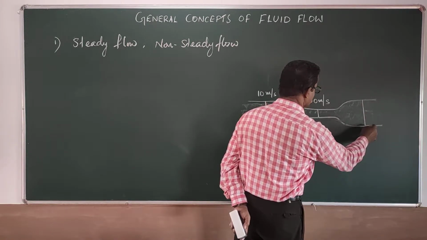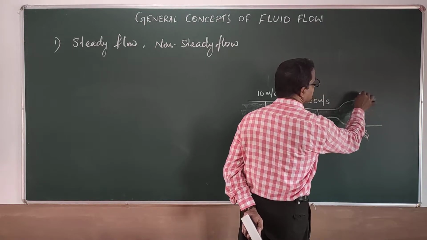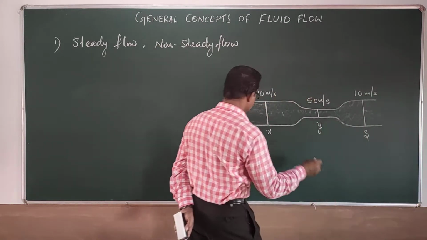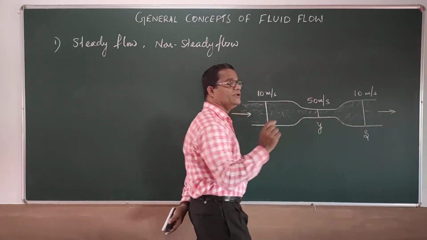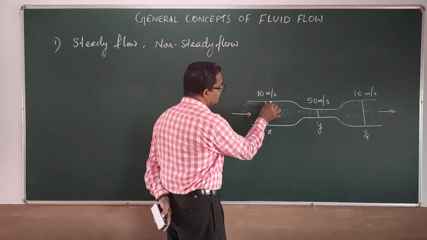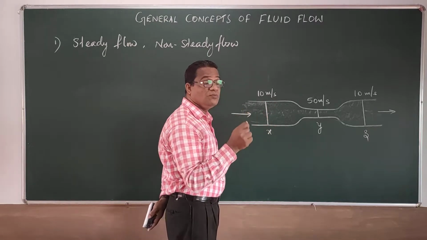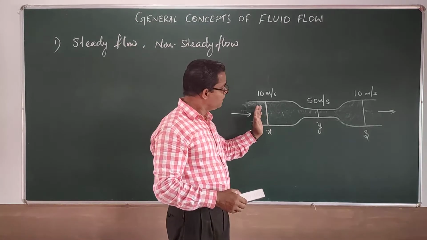And here again, cross section z, there will be, let us say, 10 meter per second. As the liquid is flowing from here through the pipe and out, if it is a steady flow, every fluid particle which reaches this cross section will have 10 meter per second speed.